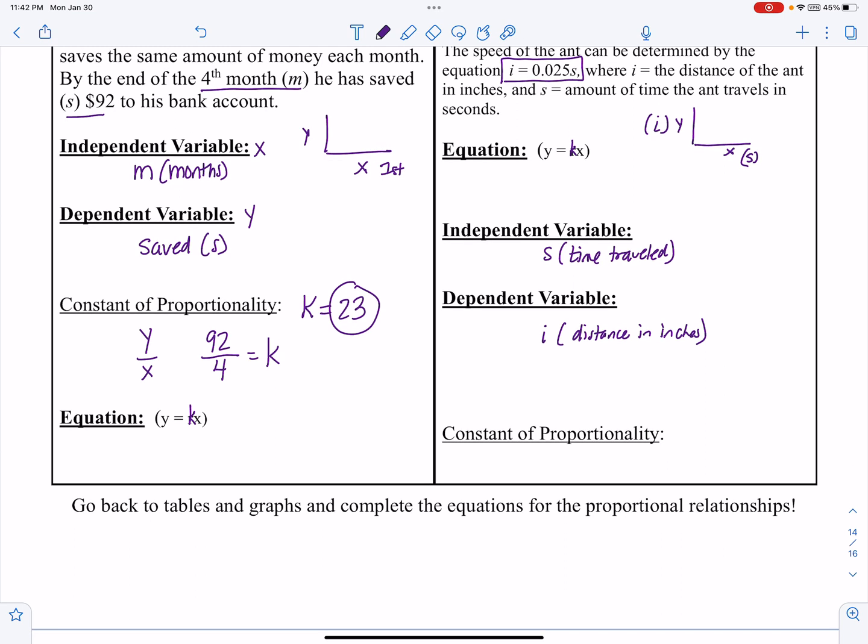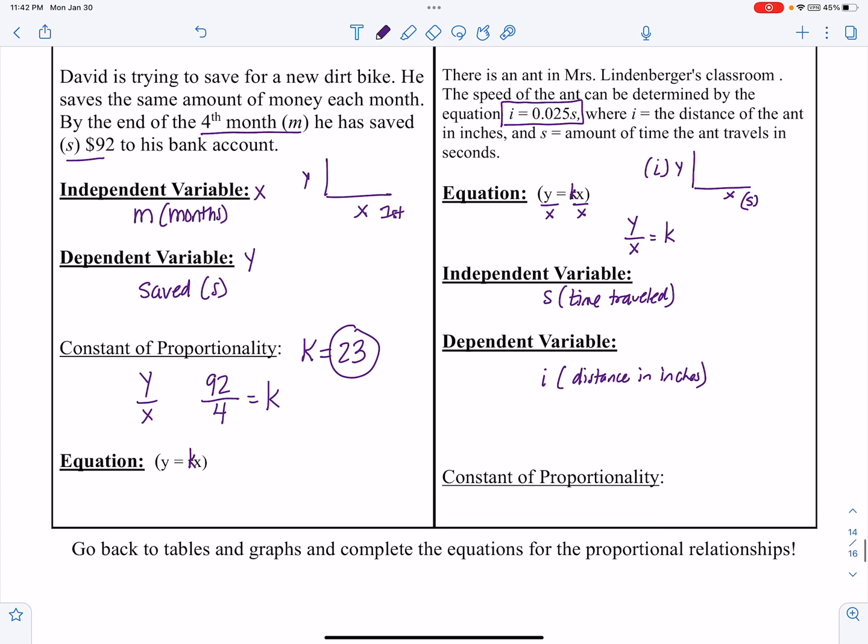Remember, if we divide by X on both sides, that's where we get our equation of Y over X equals the constant of proportionality. So all we have to do is plug in our information. So let's plug in Y and plug in X. For this one, Y is going to be I. And X is S. And they actually already leave us with the constant of proportionality for this one.